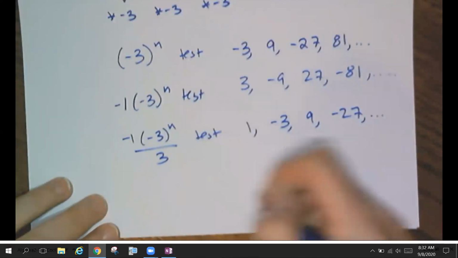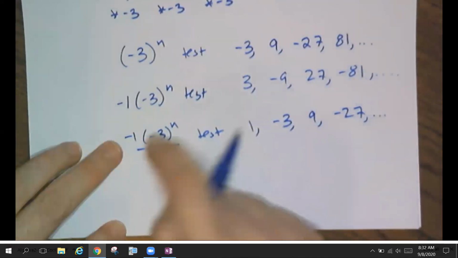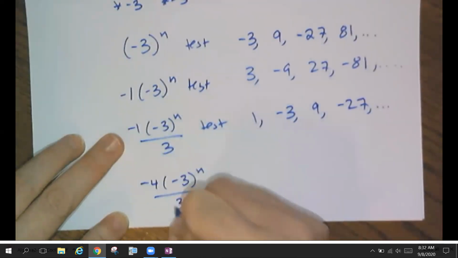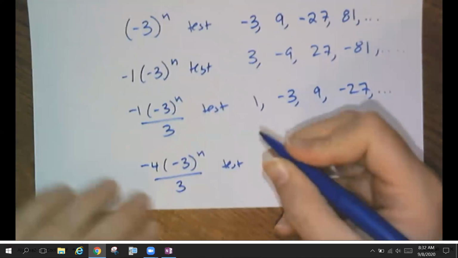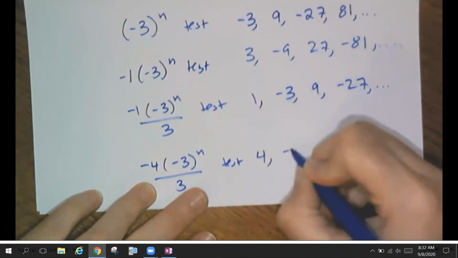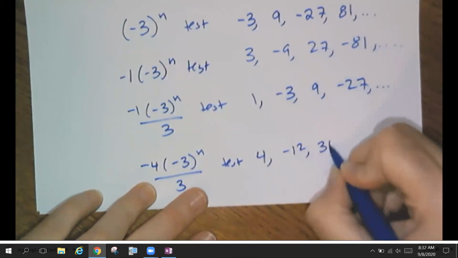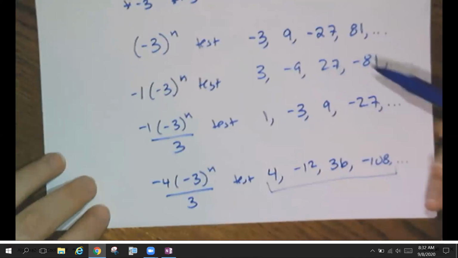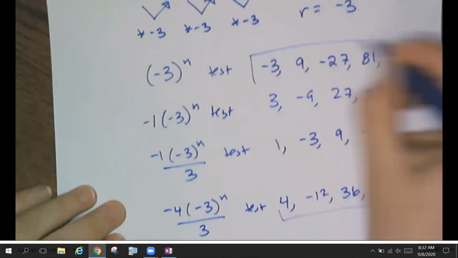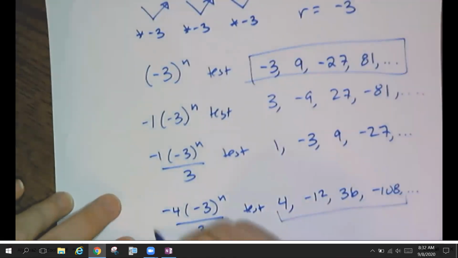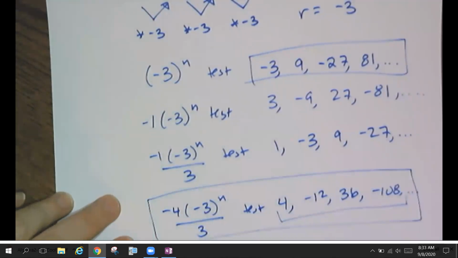So if I take this and I multiply it by 4, and I'm going to write that as -4 times -3 to the n over 3, and I test it, I'm going to get this sequence multiplied by 4: -12, 36, -108. Now you could have done this in a single step if you recognized right here that you had to multiply it by -4/3, but number of steps doesn't matter. What matters is, can you figure out the correct formula?